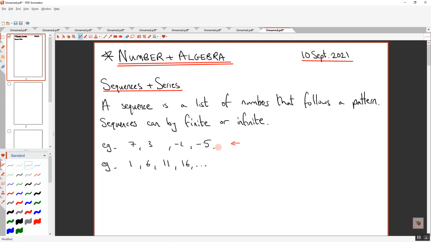It's finite because it doesn't have 3 dots. And the second one is infinite because it's got 3 dots, so that means it keeps going on forever and ever. It doesn't stop.